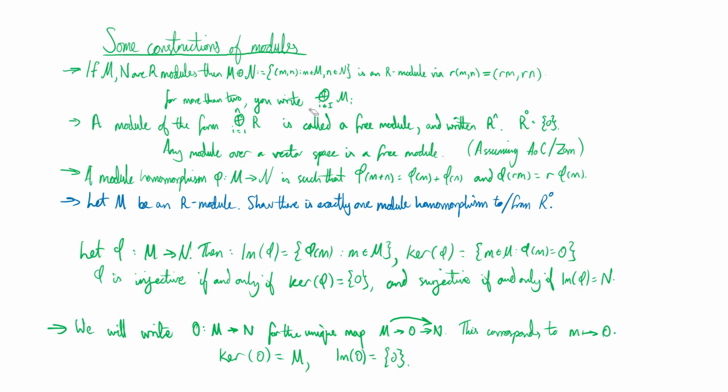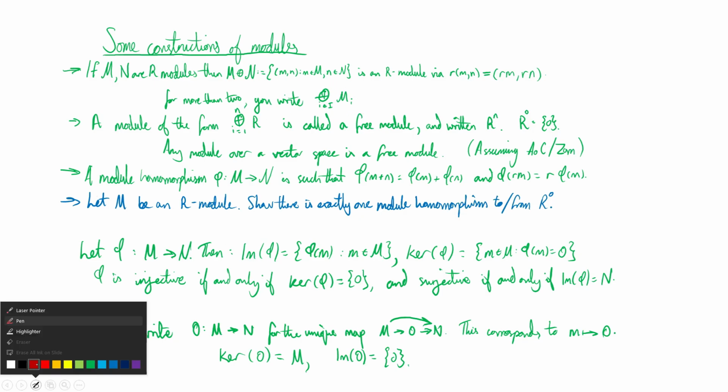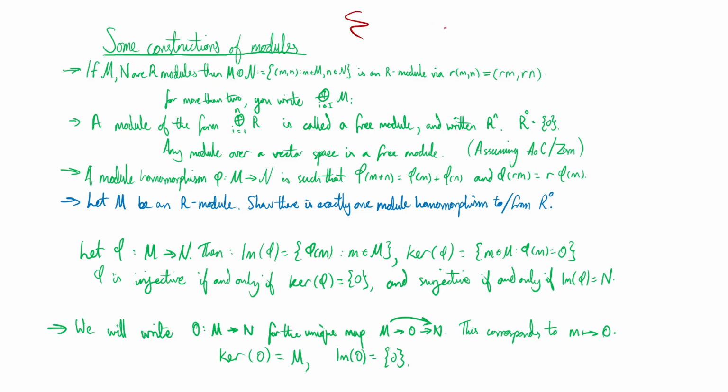For more than two modules, you write it like this because this direct sum is a binary operation on the category of modules, which takes two modules and spits out a module, whereas this is like sigma notation for addition over multiple things.